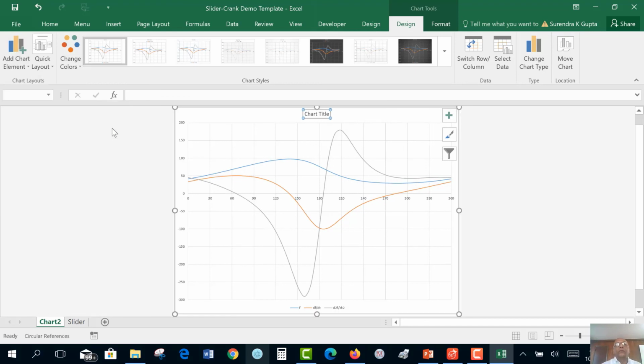So phi, let's just call it angular position, velocity, and acceleration.